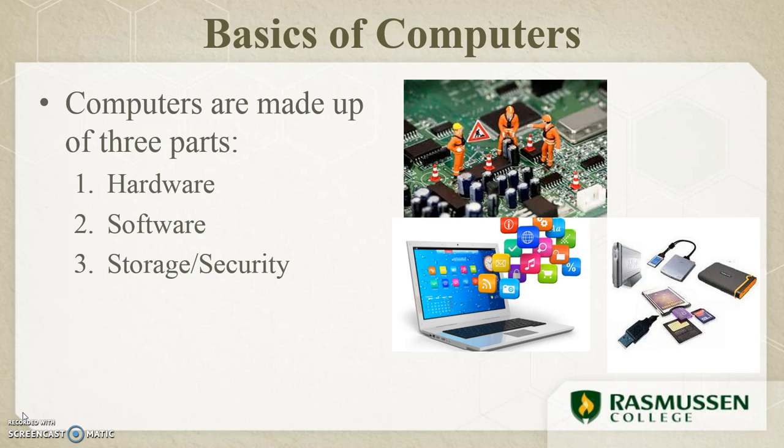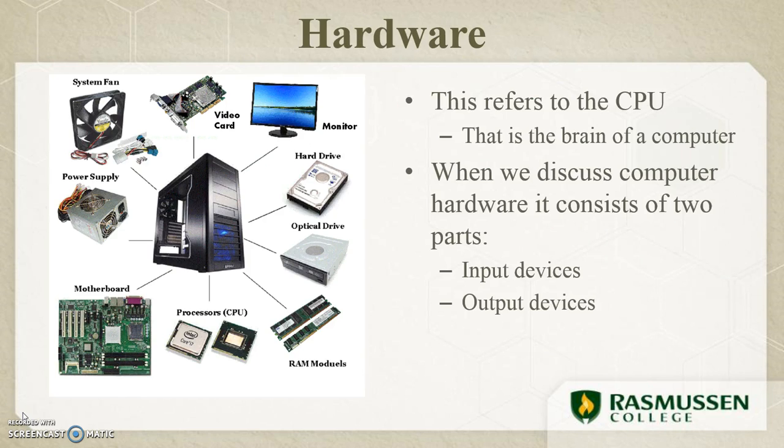We're going to start with talking about hardware. So hardware is referred to as the Central Processing Unit, or the CPU. The CPU is essentially the traffic controller or the brain of all of the computer activities. Everything that has to run runs through the CPU. And hardware consists of input and output devices.